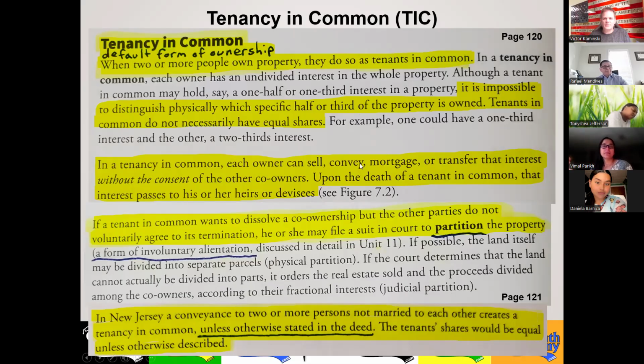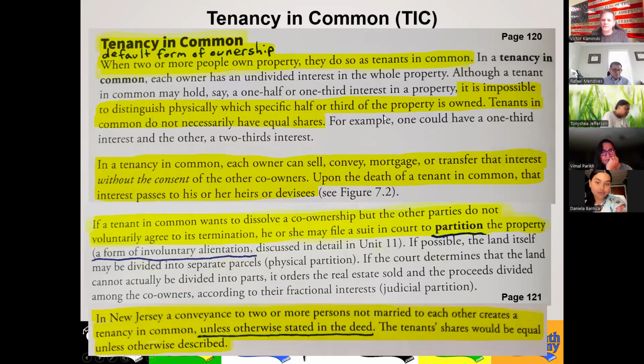So you guys got these highlights on page 120 and 121? And you wrote above or next to tenancy in common that it is the default form of ownership. So is it like form name is default form?